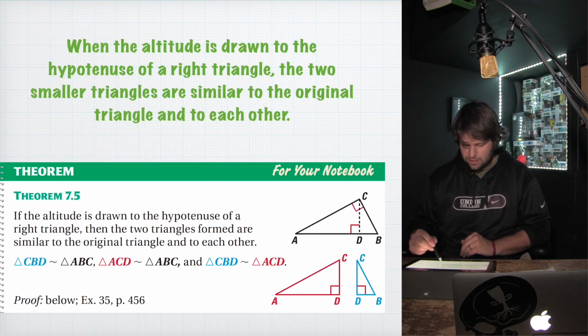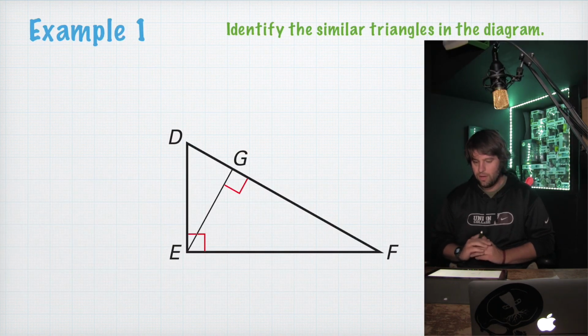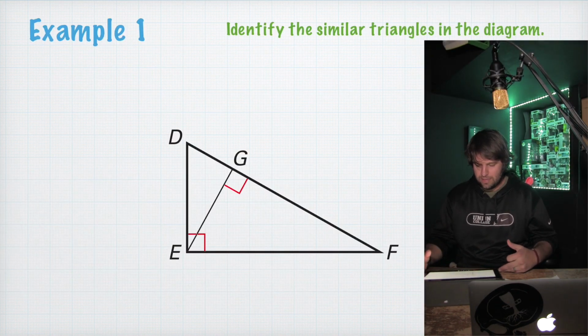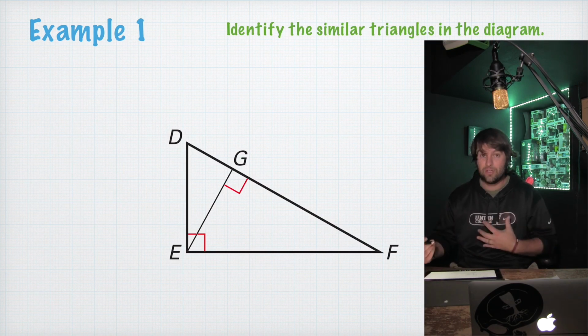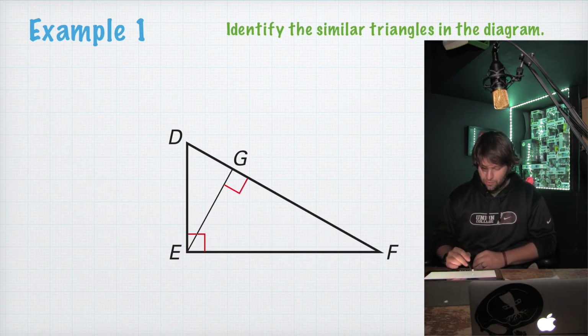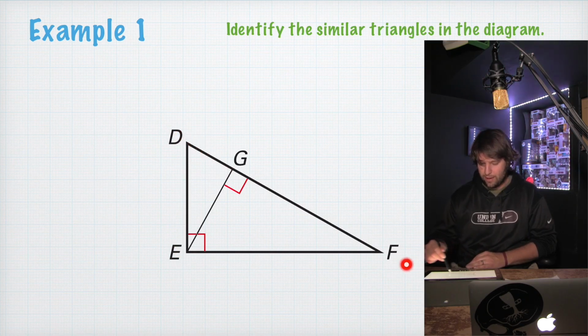So, as you can see, these three triangles are all going to be similar, okay? So, identify the similar triangles in the diagram. What I like to do is start at the right angles. There's a right angle, there's a right angle, and here's a right angle. So let's start with the big one, and then I go up the short leg and down the hypotenuse.